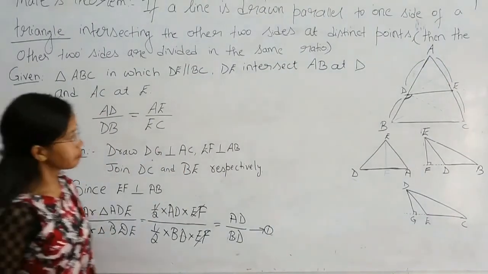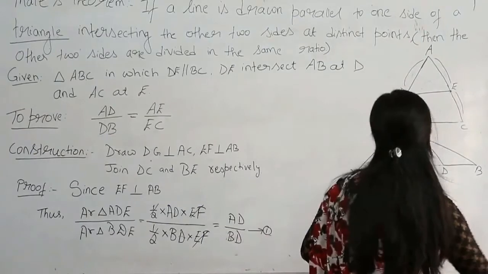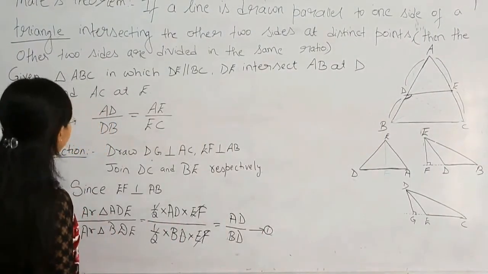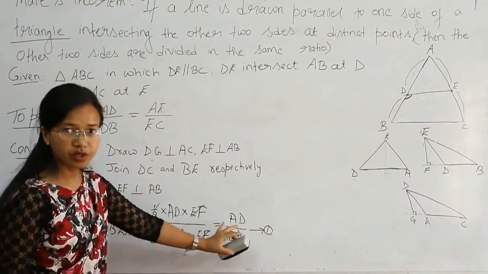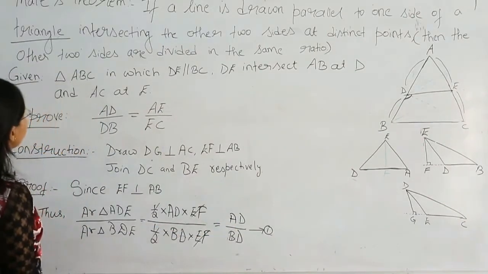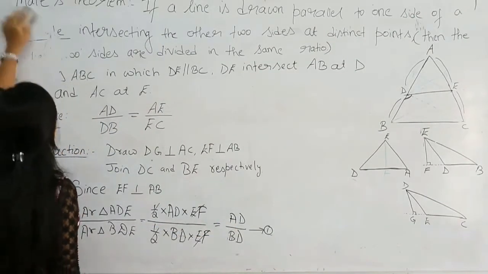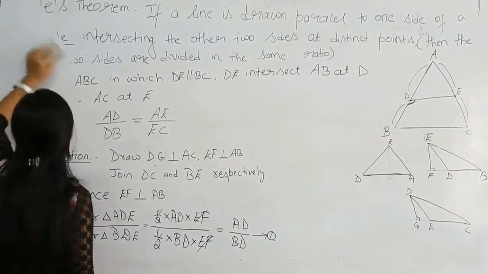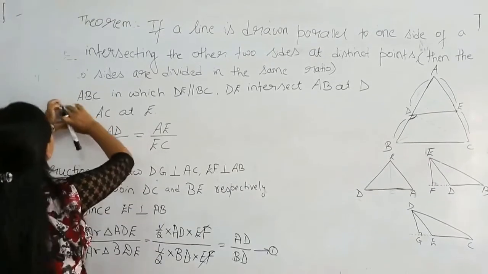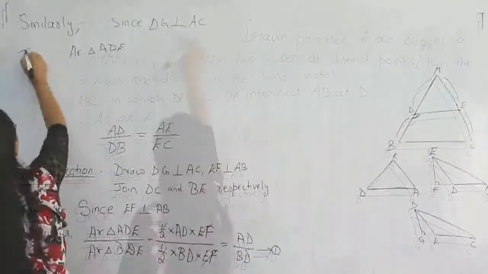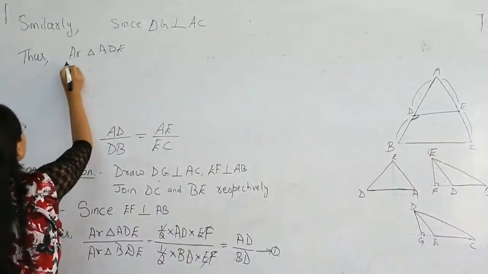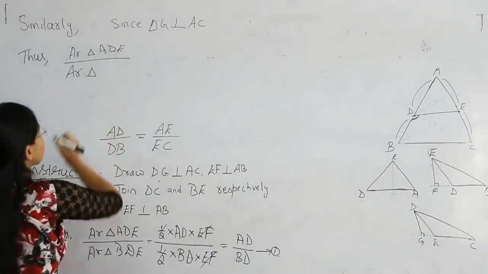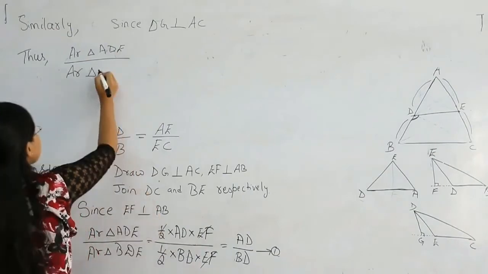Alright. So this is the first equation that we have. Thus, area of triangle ADE by area of triangle CDE.